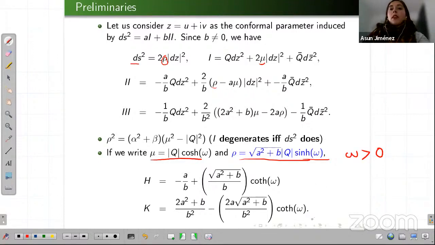And since omega is bigger than 0, the Gaussian curvature goes to plus infinity when omega goes to 0 and A is negative, and conversely. So the sign of the Gaussian curvature is the opposite of the sign of A here.